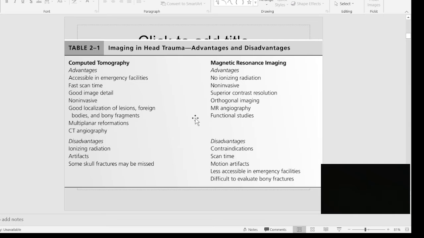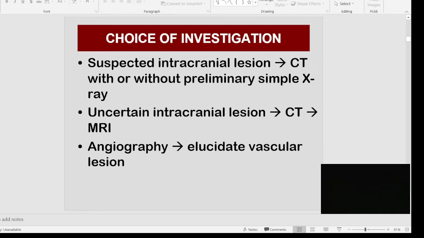So now let's go to choice of investigation. If you have a suspected intracranial lesion, you would preferably use CT scan with or without preliminary X-rays. But if you are uncertain, then you could go to MRI.